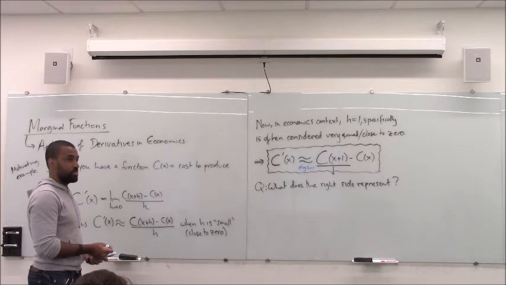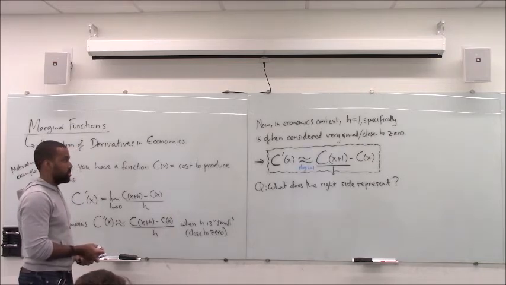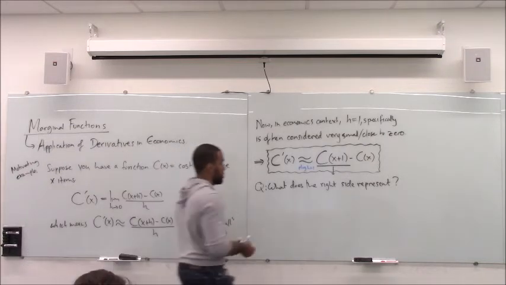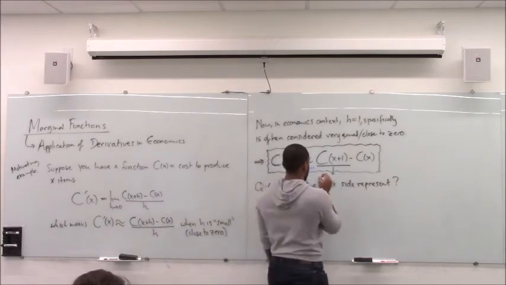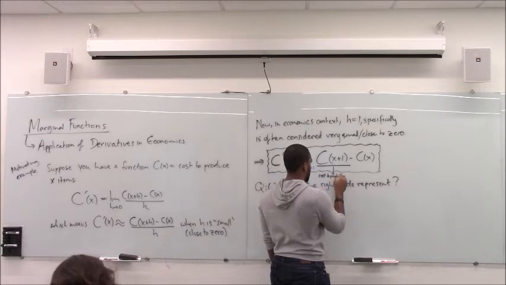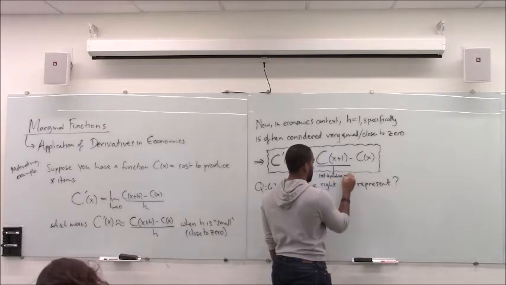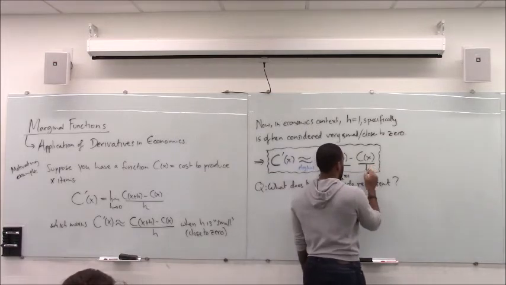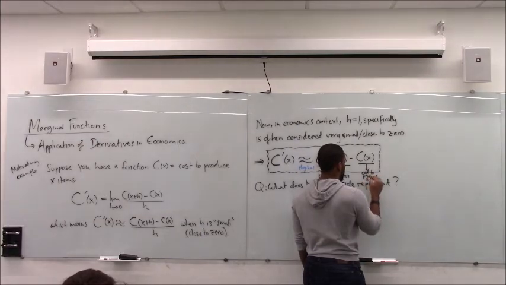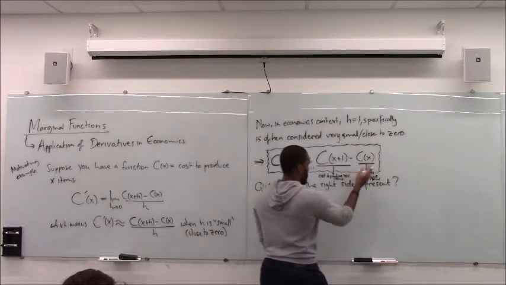Yeah? Cost to produce one extra item in the amount that you have. So this is the cost to produce one more than x, x plus 1 items. And this is, of course, the cost to produce x items. And then we took the difference.